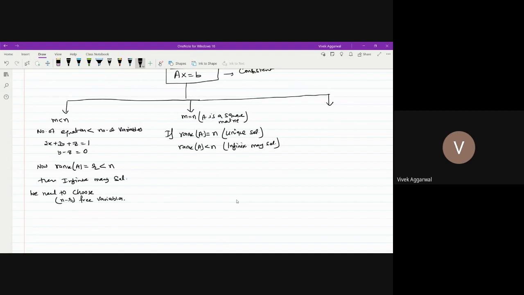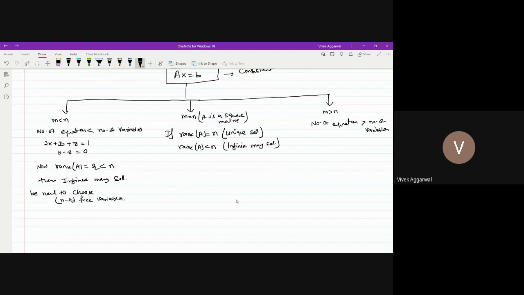The third case is very important, that is when m is greater than n. In this case, the number of equations is greater than the number of variables, like we used to do in the least square methods, where the number of equations is quite high compared to the number of variables.